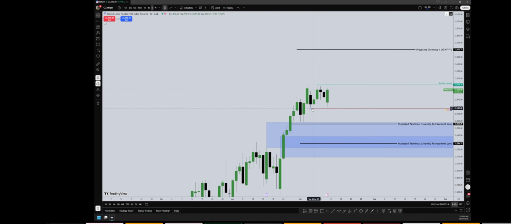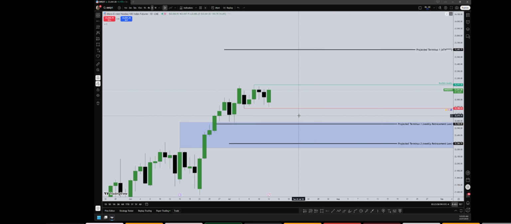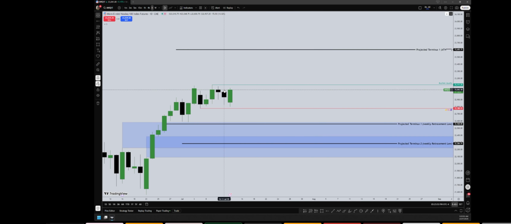As I said, first mark the weekly one. So weekly should be this one and this one, previous week's low and high, and daily should be previous day low and high, and then wherever you have the equal levels or the PDRS. Okay, so this is that level.